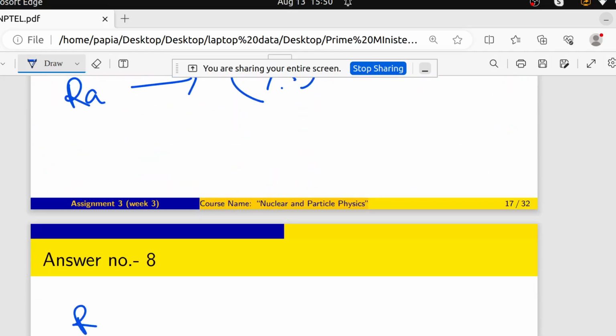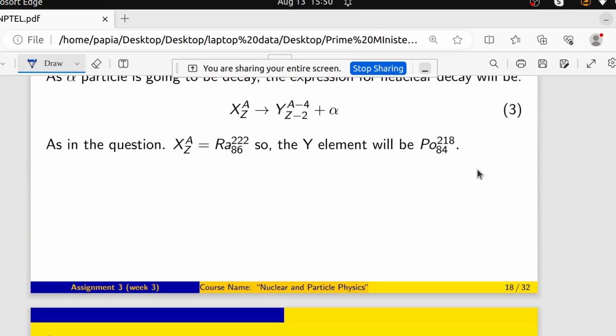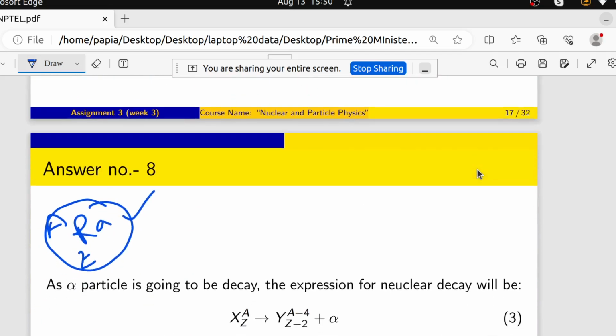So radon has Z and A. What will be the value of radon's Z and A? For radon, A is already given as 222 and Z is 86, right? So after alpha decay, the new particle's atomic number will be less by 2 and mass number will be less by 4 from the parent one.